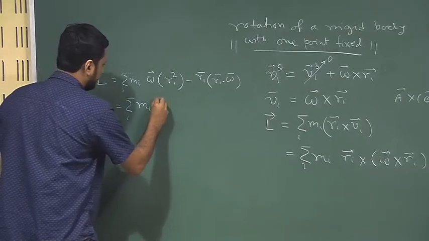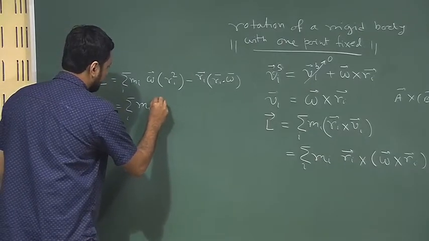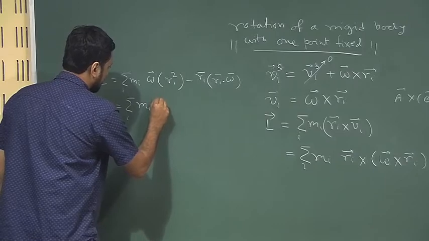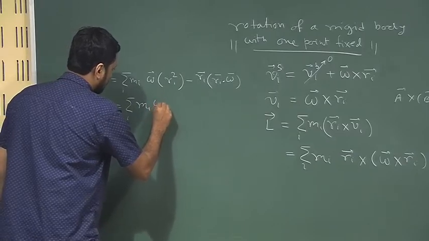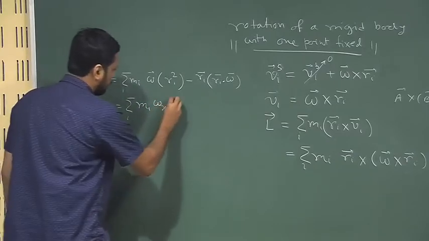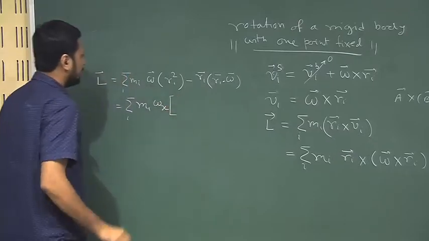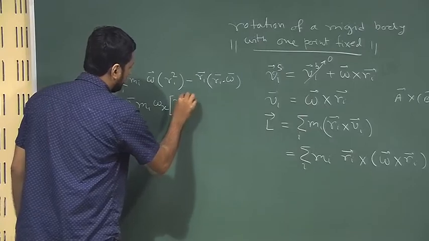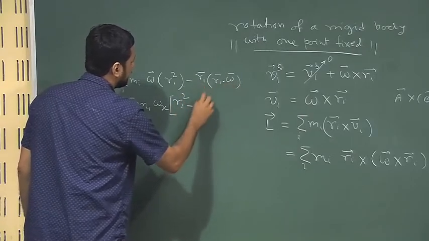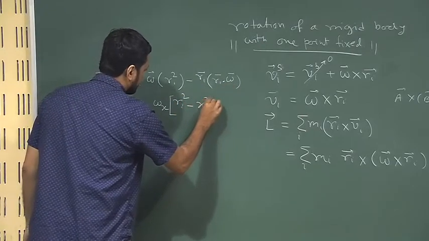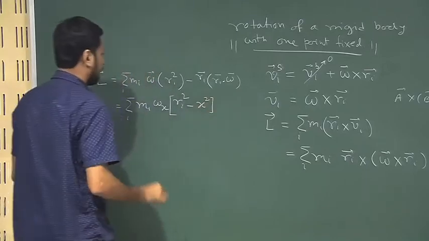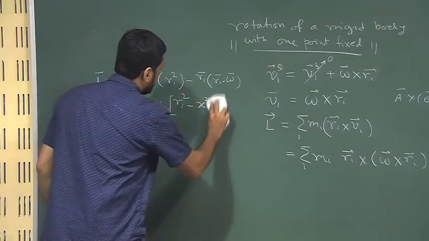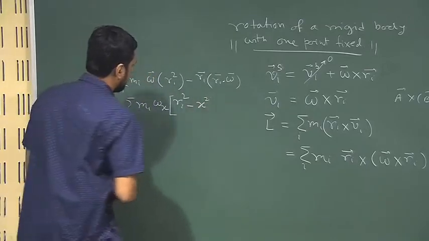The first term will be omega x, if we take omega x common, it will be r_i square minus x square.